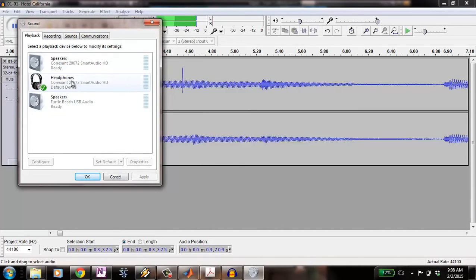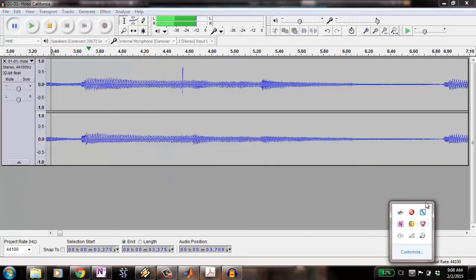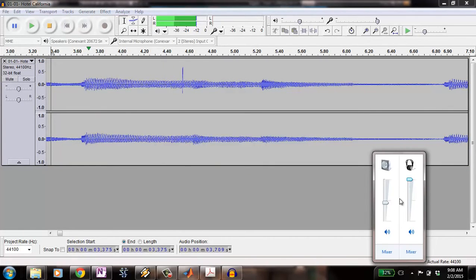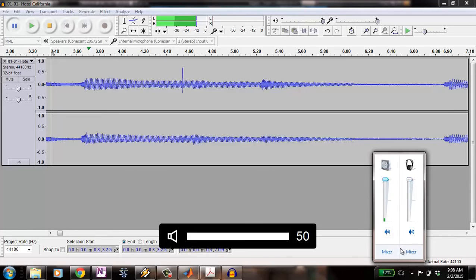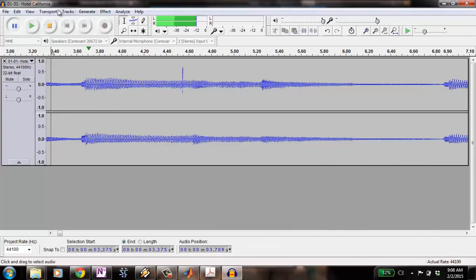Yeah, but it says it's on the headphones, which is what I'm plugged into. At least I can turn the volume up. Well, let's do this one. Oh, I see.